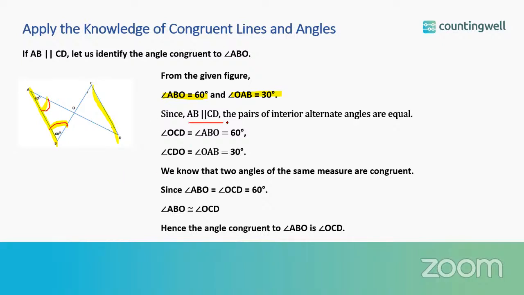What we can see, AB is parallel to CD, and the pair of alternate interior angles are equal. That's why OCD is equal to ABO, so OCD is equal to 60 degrees. Then we have OAB equal to CDO, so CDO is equal to 30 degrees.